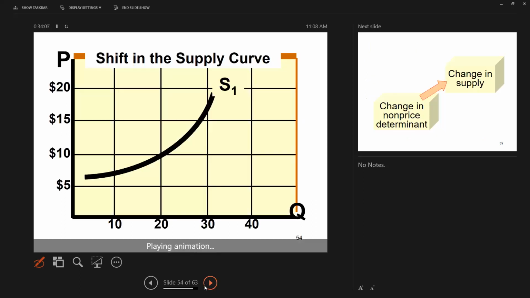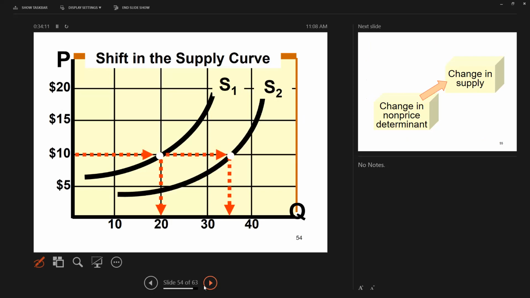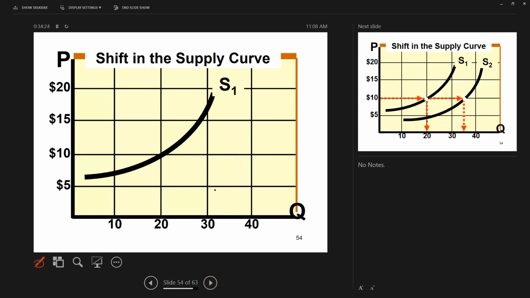We allowed something other than price to change that affects how much of a good or a service producers are willing and able to offer for sale during a defined time period, ceteris paribus. So here, I'm going to go back. Here's our supply curve.